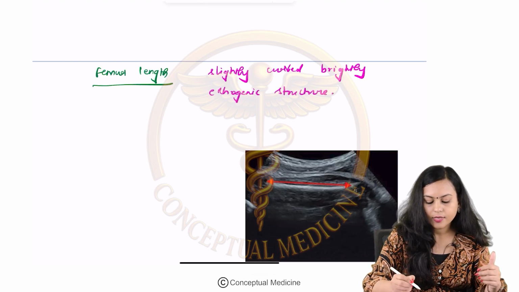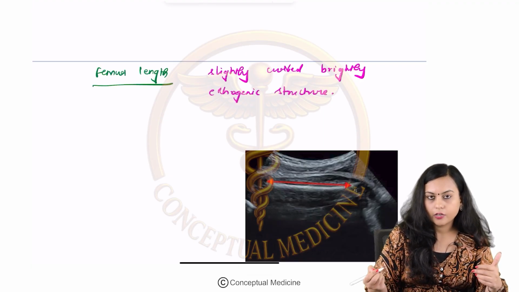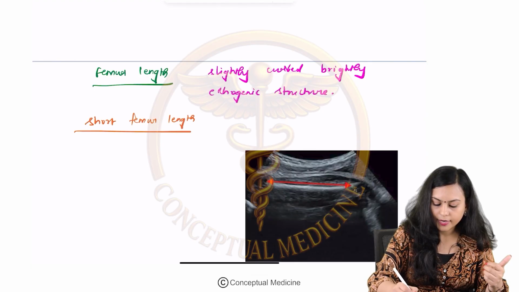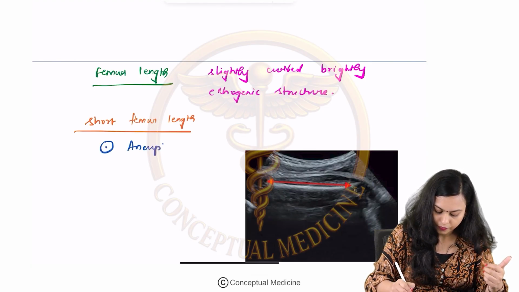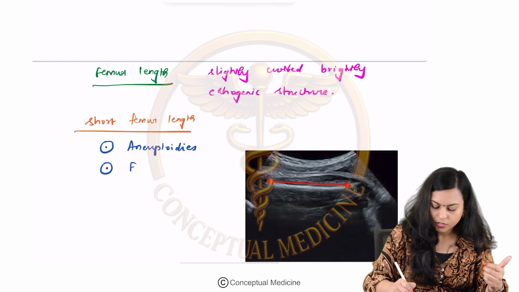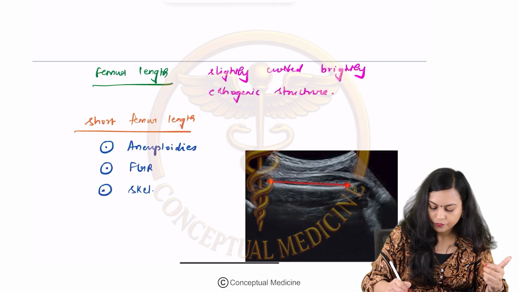Okay. Sometimes we will also be able to identify aneuploidies. Suppose there is a short femur length, that can be correlated with either aneuploidies or even fetal growth restriction and even skeletal dysplasia. Okay.